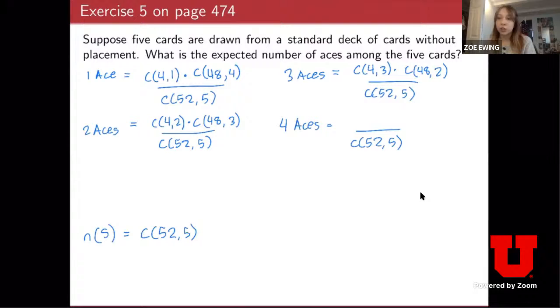So we just need to pick the very last card. So we'll do 48 choose 1. Okay, so now how do we use these probabilities in the expected value?